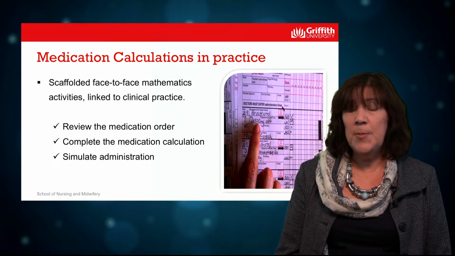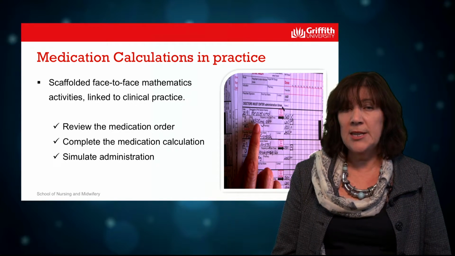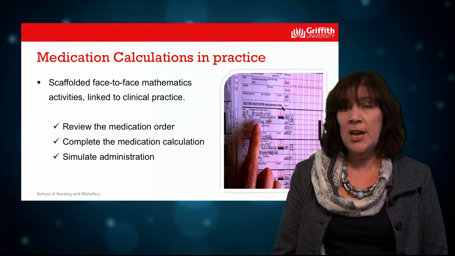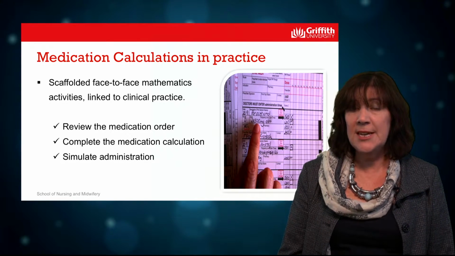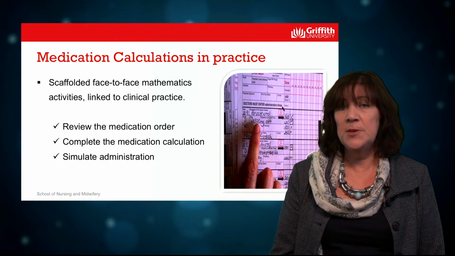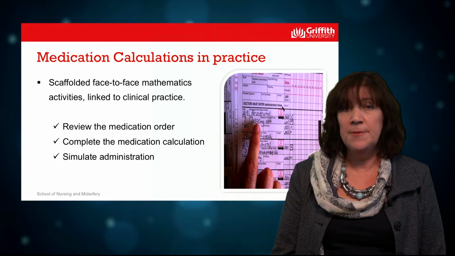The next step is, we teach them to undertake the complex nature of medication calculation, which can involve up to 8 different steps. And then the third thing that we do in the classroom is that we actually simulate medication administration.